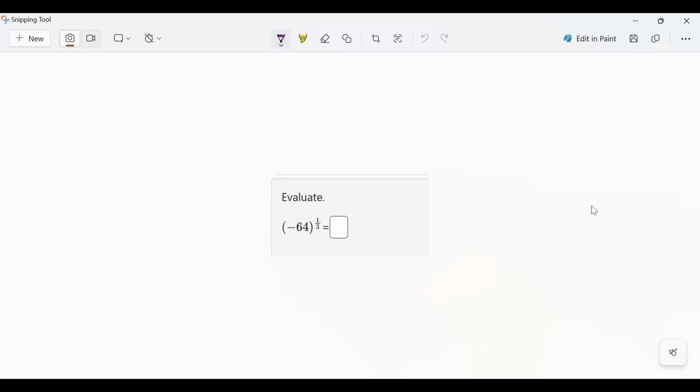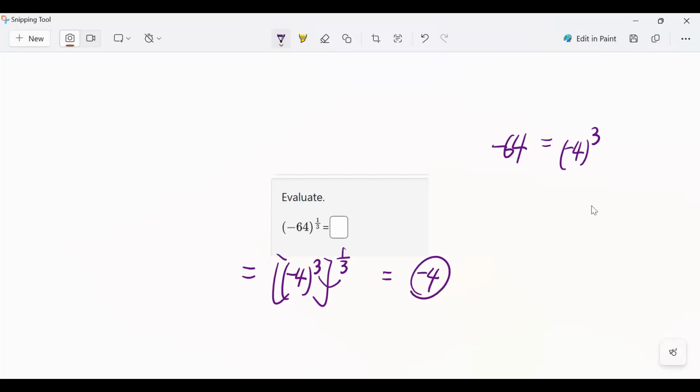Negative 64. Negative 4, or, yeah, negative 4 to the third, right? Very good. So another way of looking at this, if you don't want to take the root, is you can do this and this and then 1/3. And as you can see, 3 and 1/3 using exponent, that's going to be negative 4.